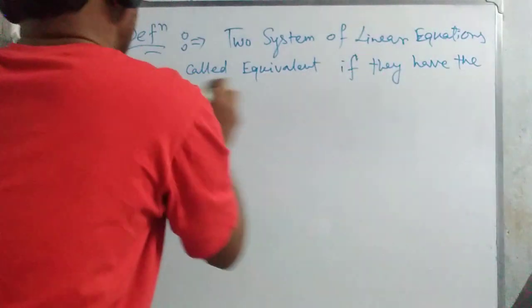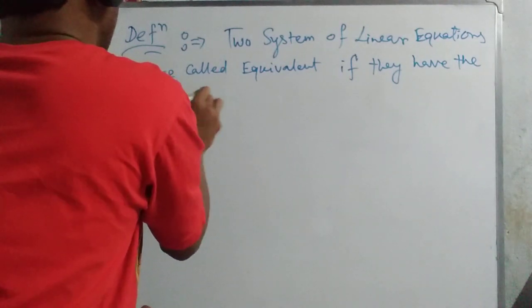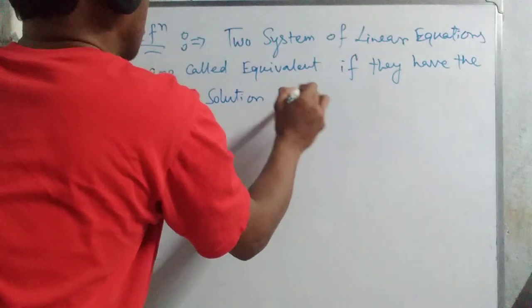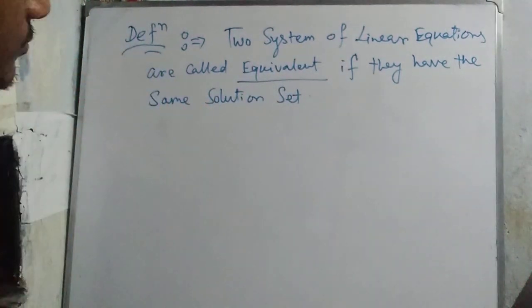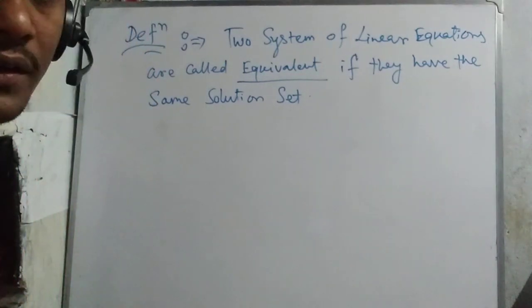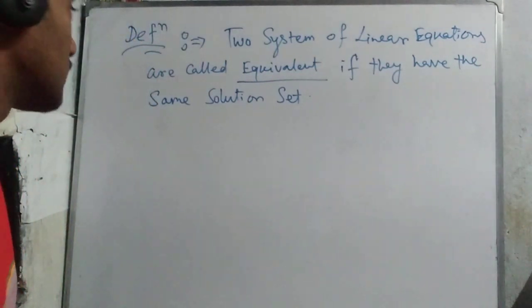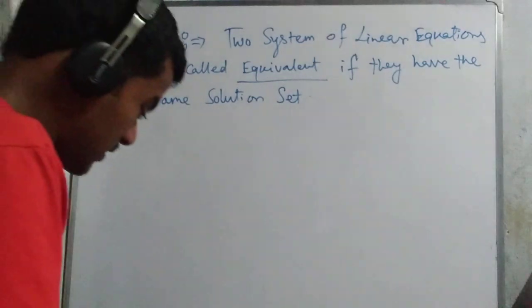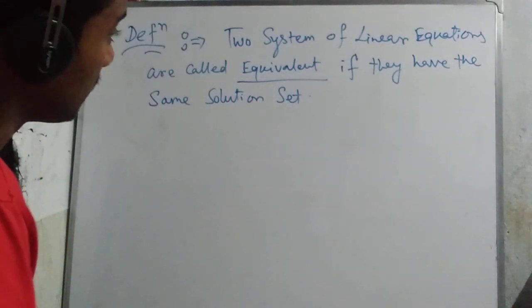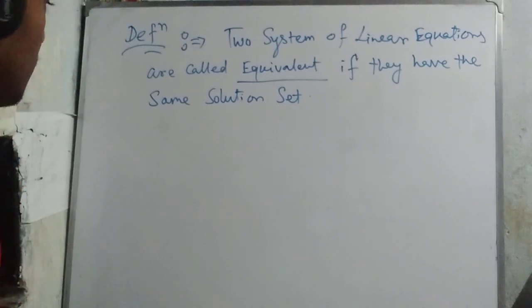Two systems of linear equations are equivalent if they have the same solution set. Understood? And now we proceed further.